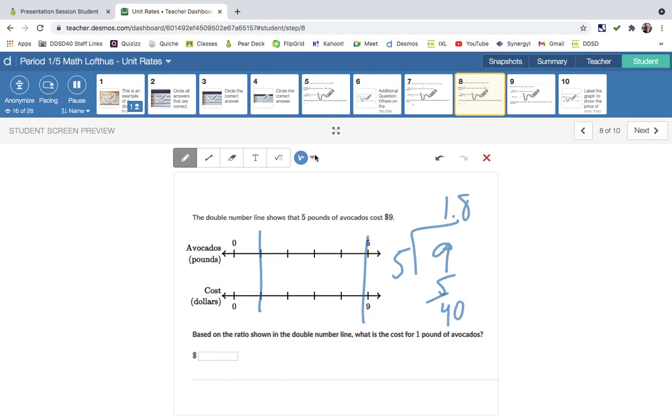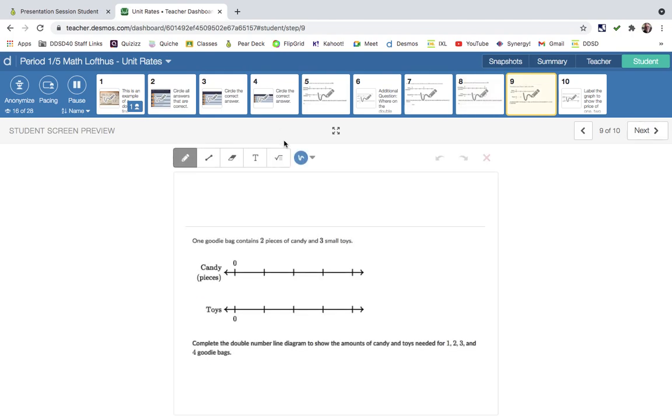So I would say that it would be $1.80 for 1 pound. So then if we did 5, just to check this, 5 times $1.80 is going to be $9. Okay, so $1.80.